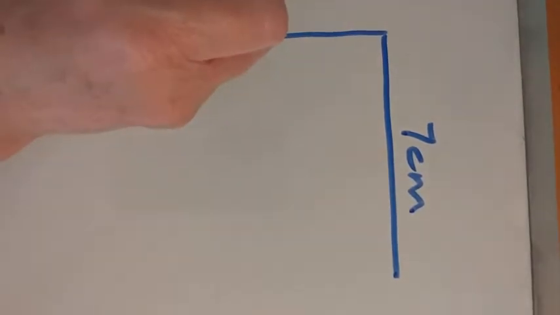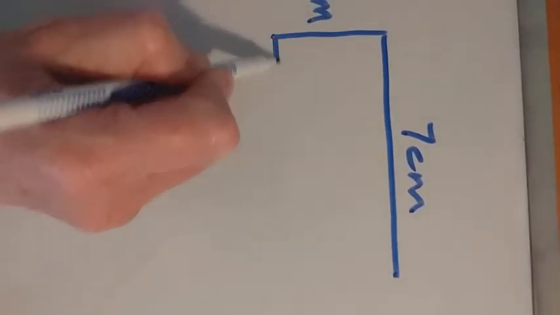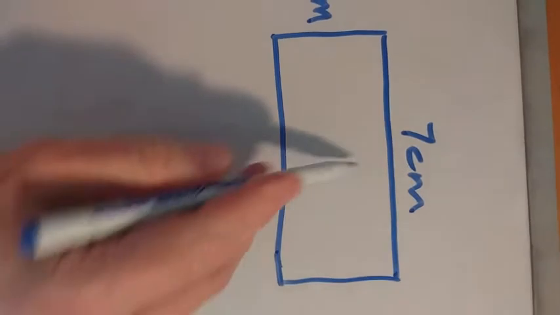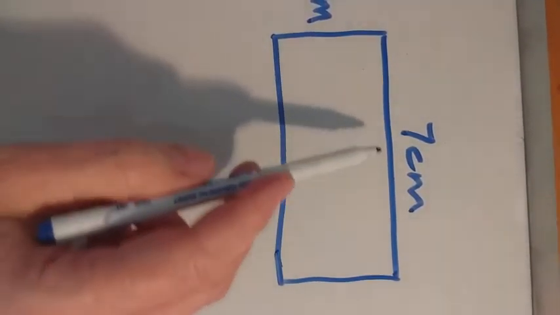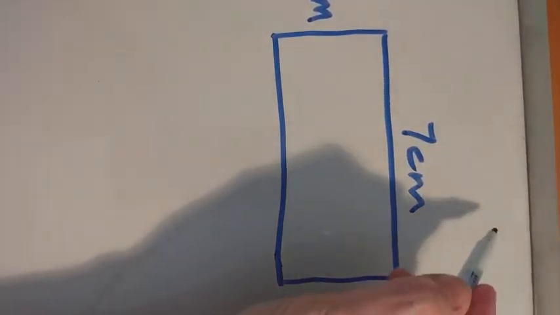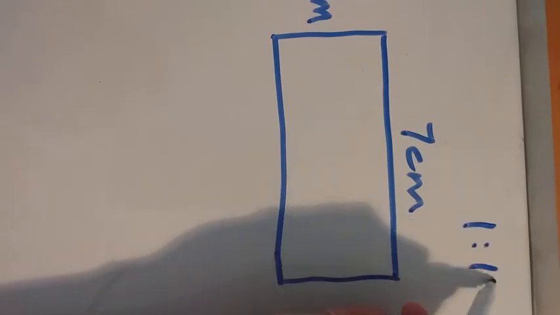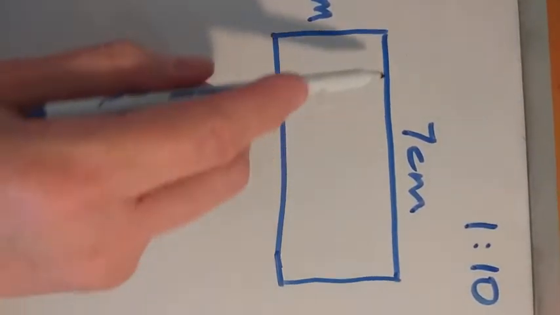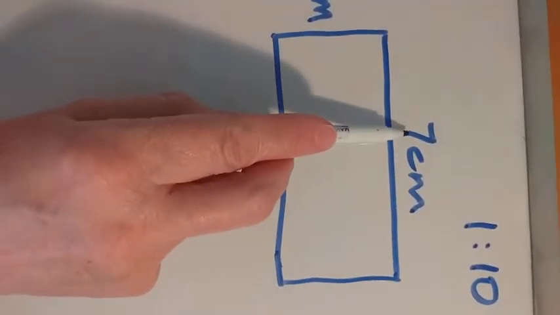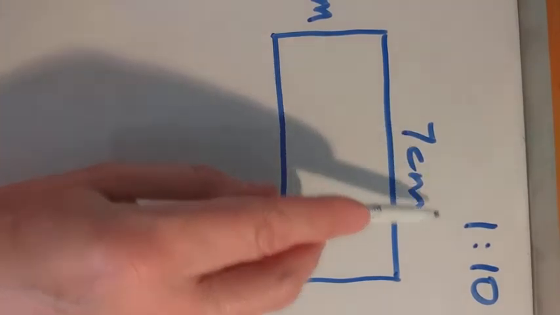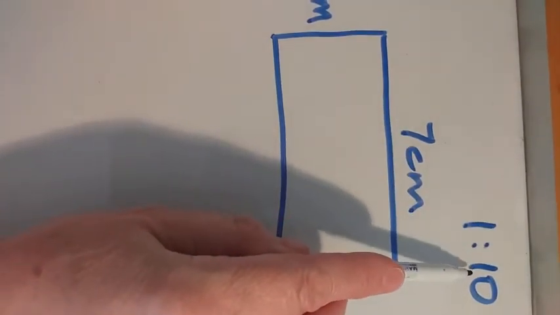So if you had a drawing on a page that was something like 7 centimetres by 5 centimetres, and you wanted to work out what that stood for in reality, if your scale was, say, 1:10, that would mean that for every 1 centimetre here, it actually stands for 10 centimetres in real life.